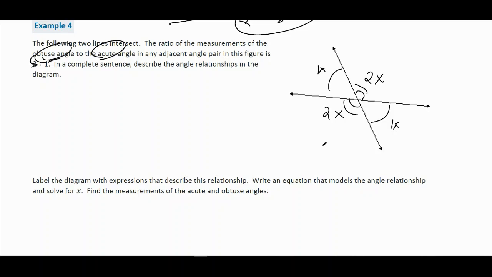So you might ask me, how can you possibly solve this with no given measurement of an angle? That's where you're wrong. There is a given measurement, but in the form of an unknown variable x. If you look at it, you cannot use the vertical angle because there's no number there.